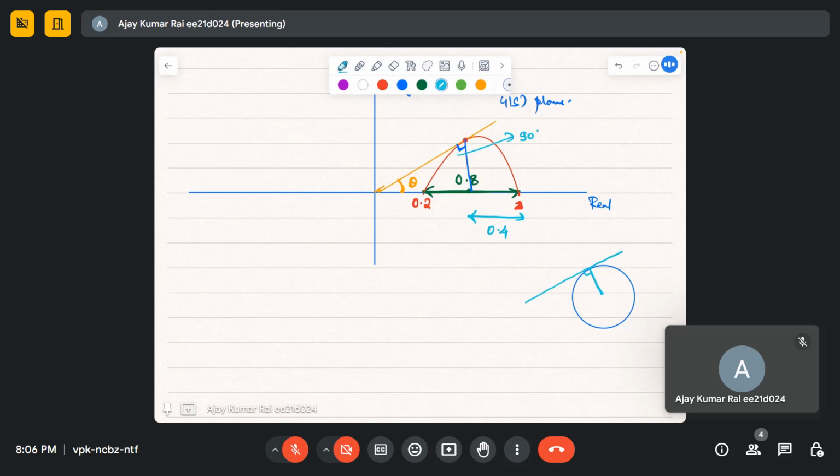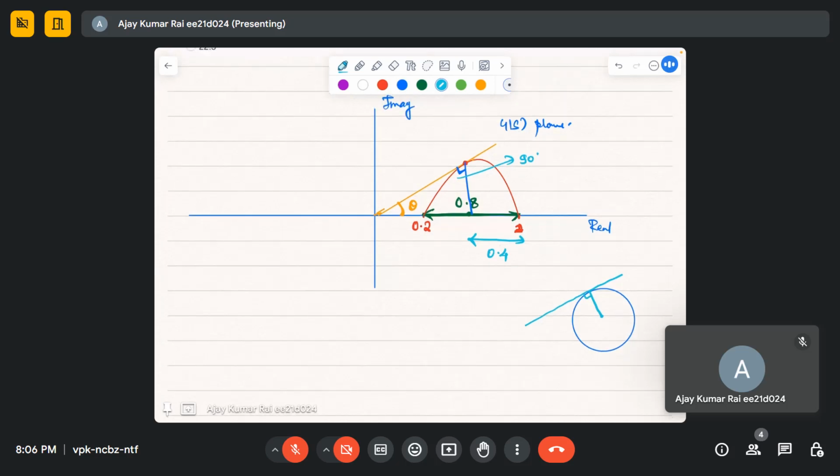So we have to find the angle. We know the radius of this semicircle is equal to 0.4. This is the center.